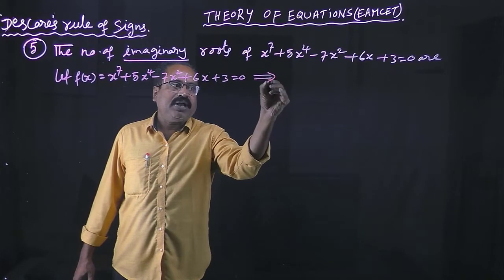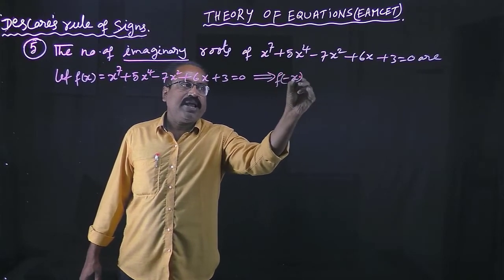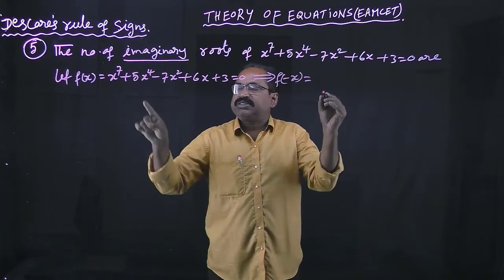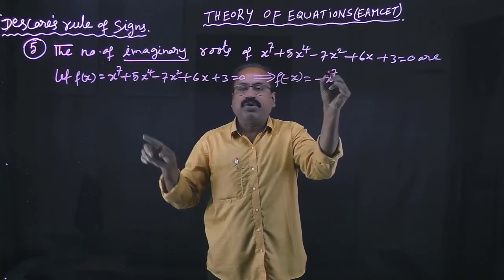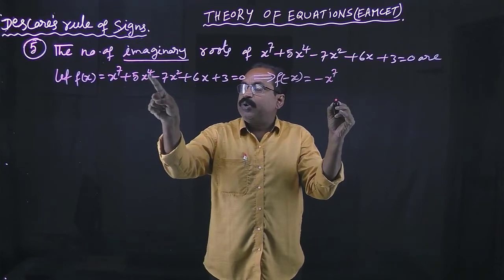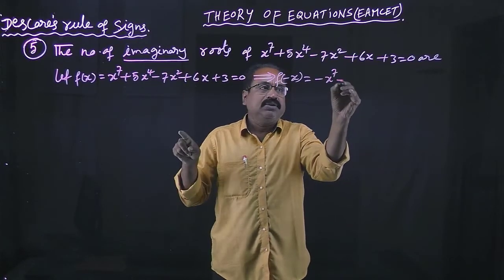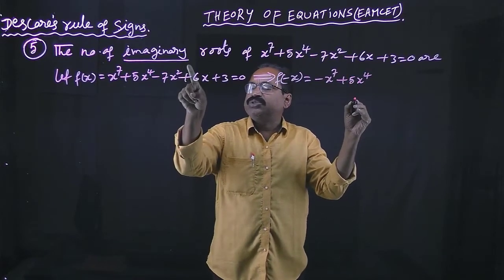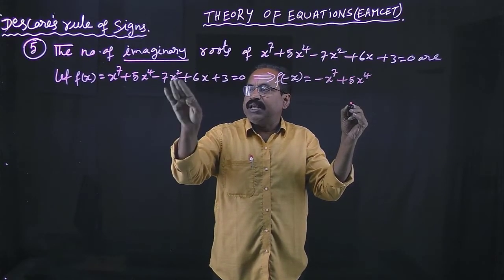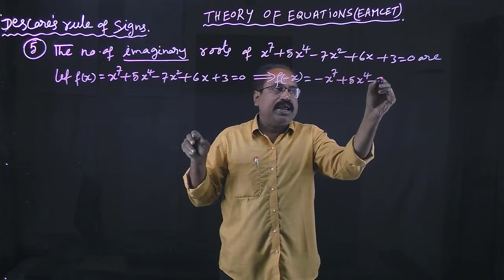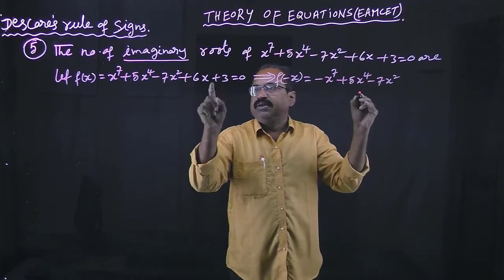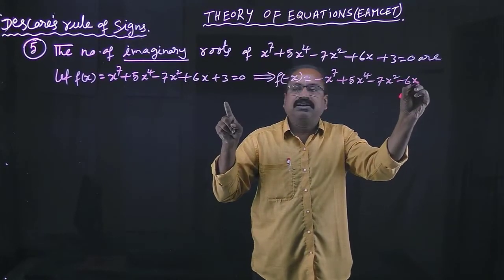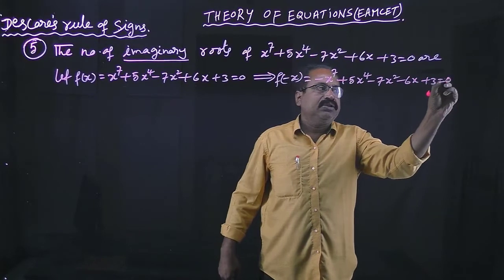So this implies f of minus x is equal to, we know that minus x whole power 7 is minus x to the power of 7, minus x whole power 4 is plus 5x to the power of 4, minus x whole square is plus, so plus into minus, minus 7x square, minus x minus into plus minus 6x plus 3 is equal to 0.